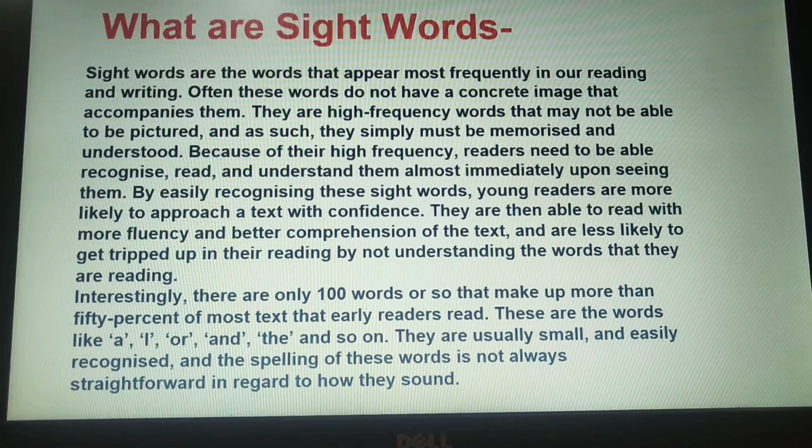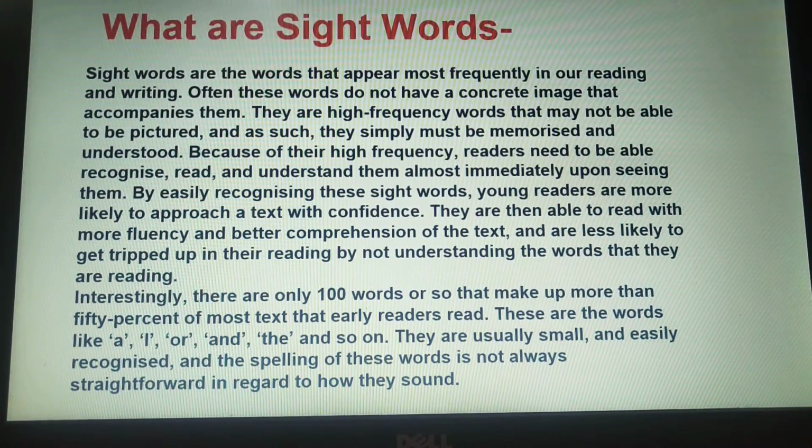They are usually small and easily recognized, and the spelling of these words is not always straightforward in regard to how they sound. So you need to understand that they are very small and easily recognized, and you just need to memorize and understand.